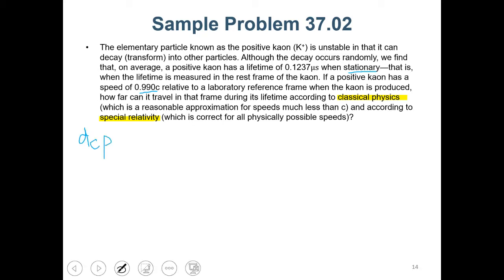D classical physics is nothing but v times delta t. And it moves with 0.990 times 2.998 times 10 to the 8.